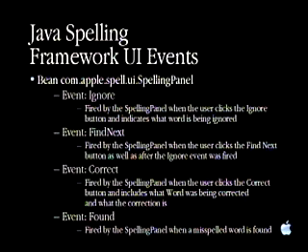Correct: the user wants to correct the misspelling. The correct event would have the choice of the new correct spelling, and it would be your job, if you were implementing this driver yourself, to replace that text. Another event is found, and it would be your job to highlight a misspelled word when you receive that event.